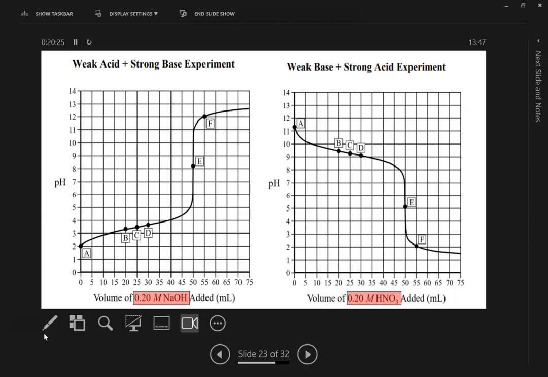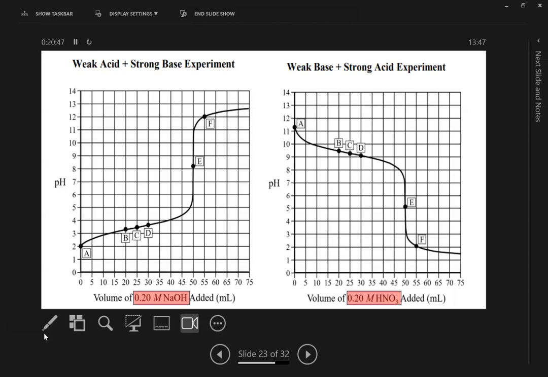We'll take a look again at what happens when we compare these two situations. On the left, we started out with a weak acid. The pH was roughly 2 when we started, and we ended up with a pH approaching 13 because we added a strong base.